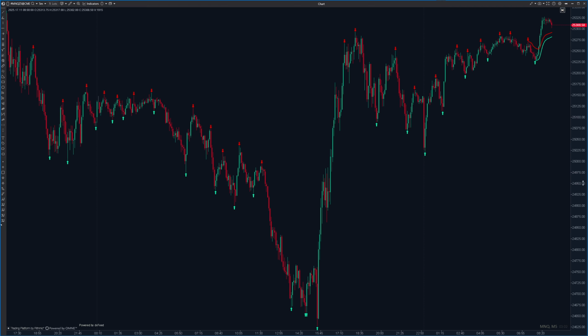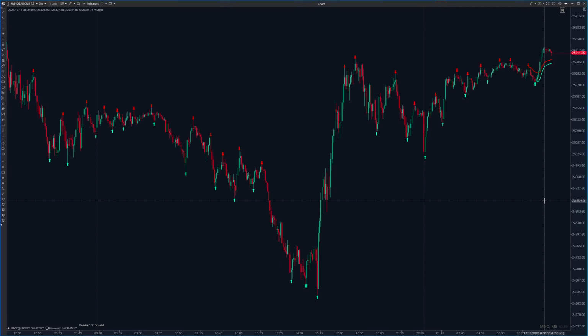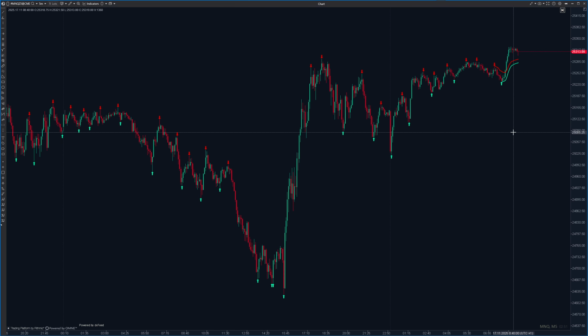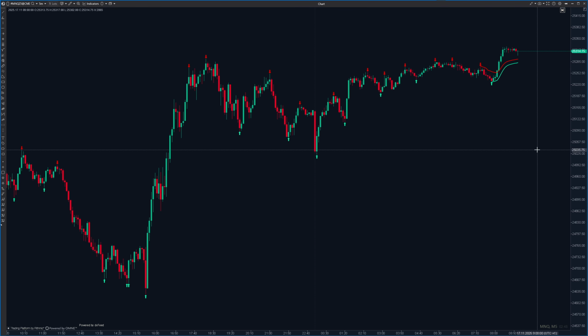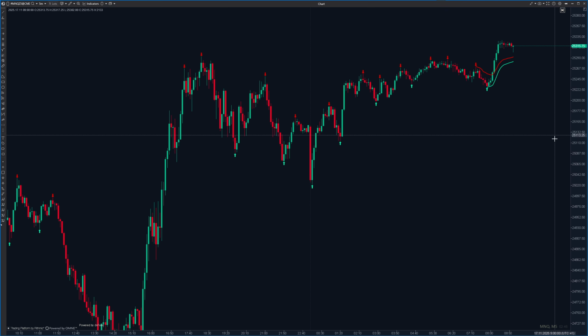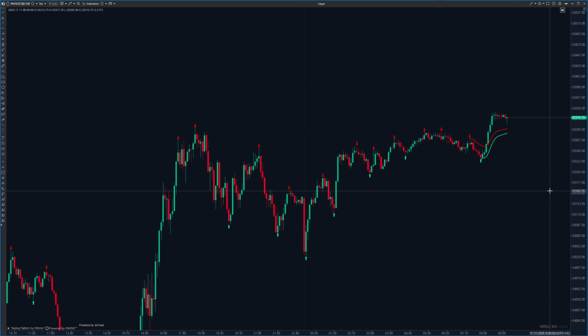So I will describe the idea behind AnchoredPoint, which uses identification of swing highs and swing lows and draws Anchored VWAP, which serves like a support or resistance, and you can use it also for trend identification, saying whether we are above the previous swing high, which means we are in an uptrend, or below the previous swing low, which means that we were in a downtrend.